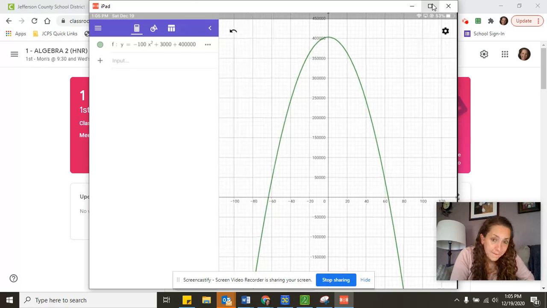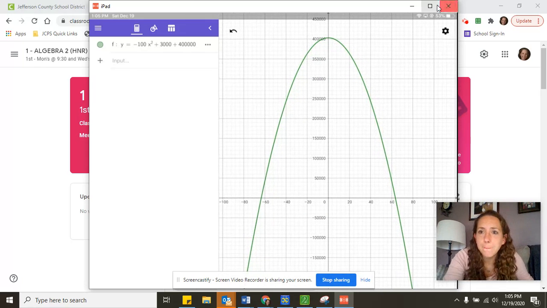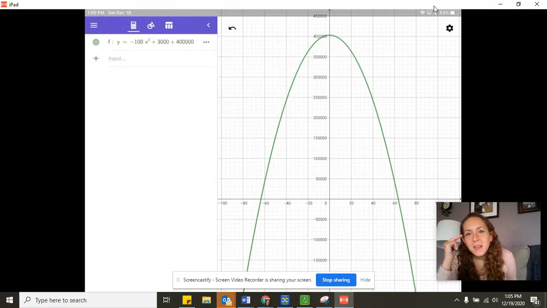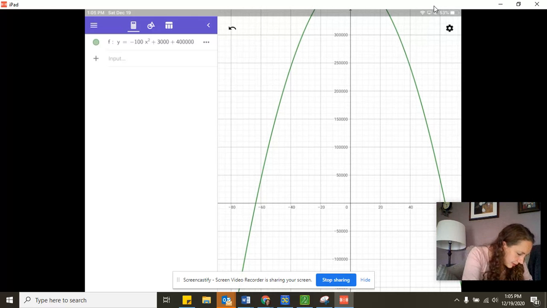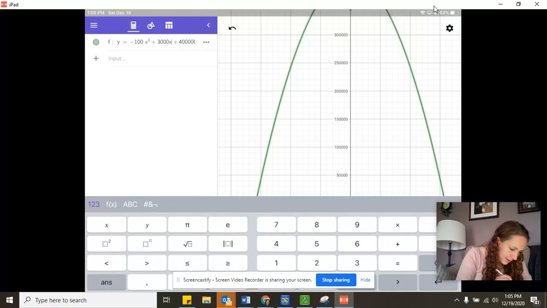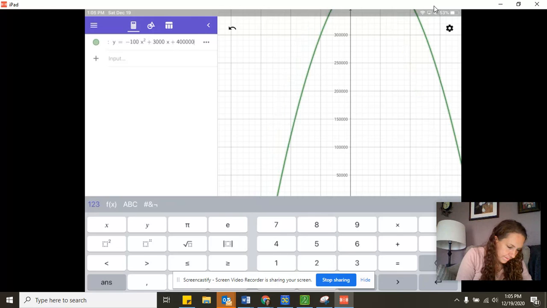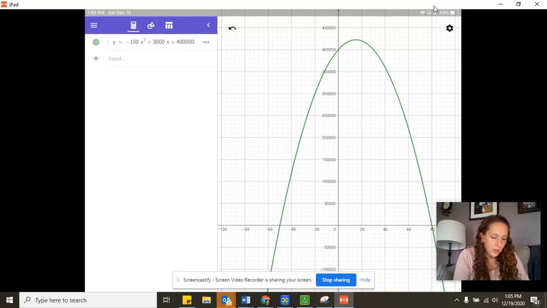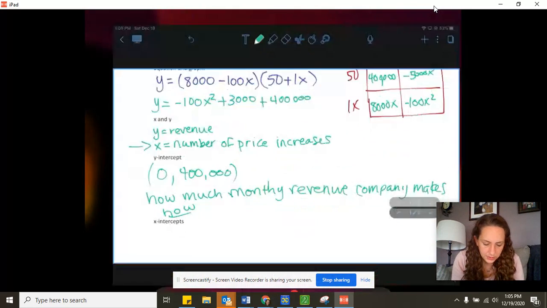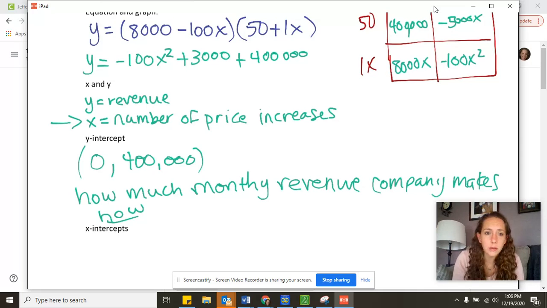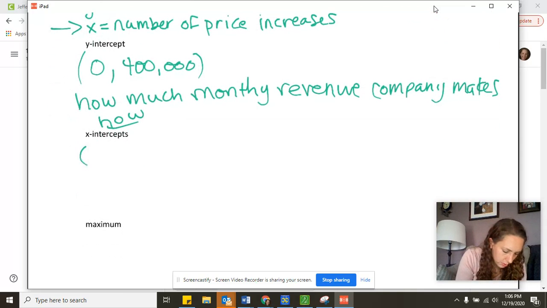Oh, I forgot my x there. Enter. Change that. All right. So the next thing I need is my x-intercepts. So I have 80 and negative 50. At the risk of that disappearing again, I'm going to go down and talk about my x-intercepts.